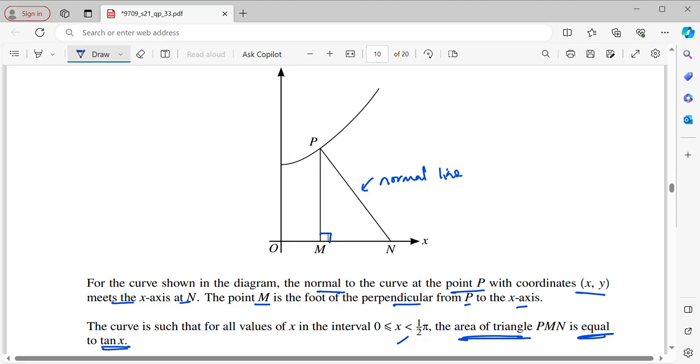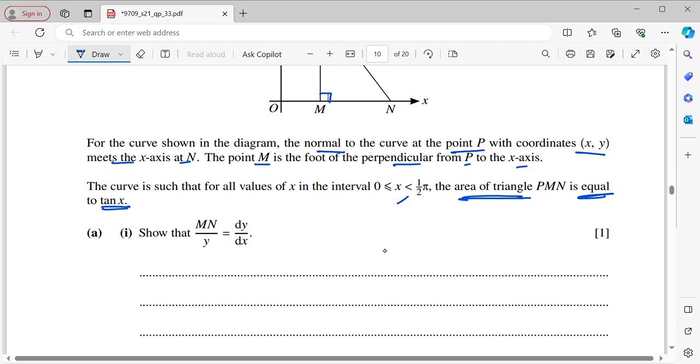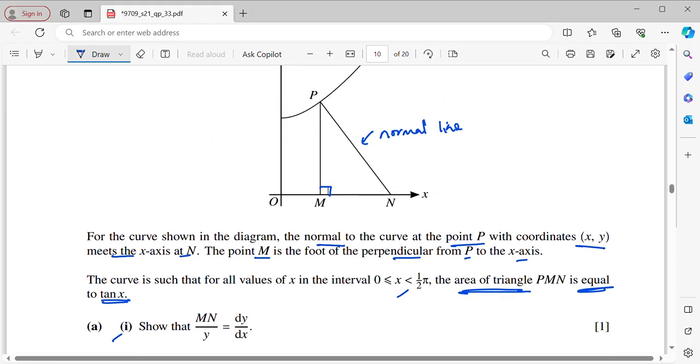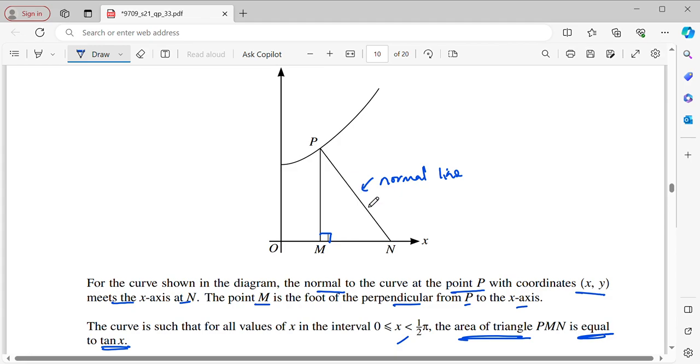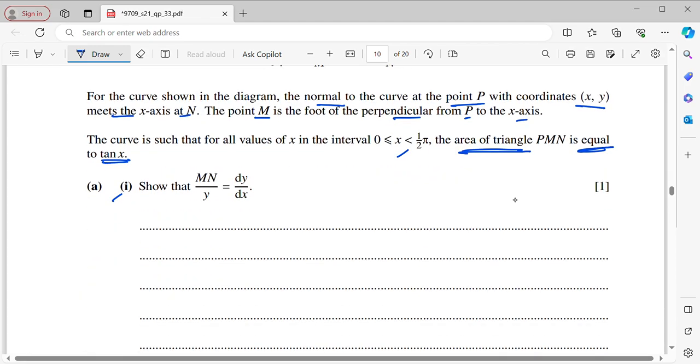So now, part A: show that MN over y is dy dx. Okay. Now we know that PN is a normal line. So let the gradient be m.